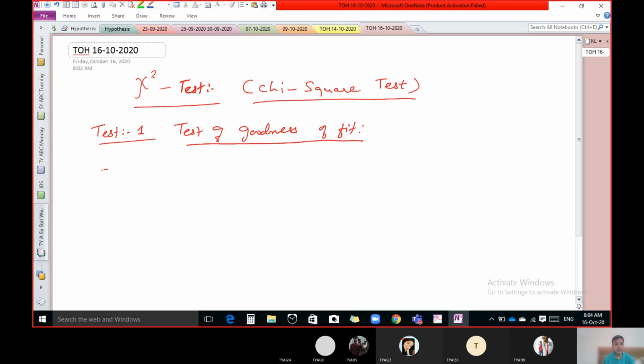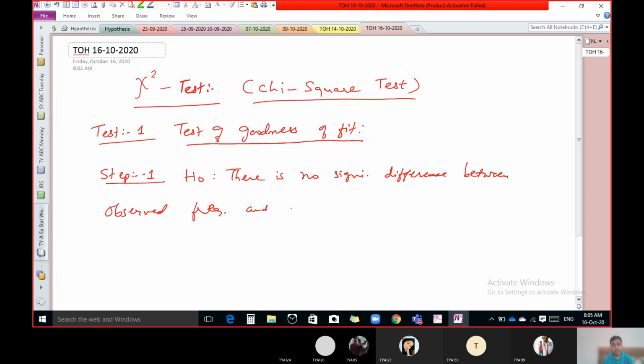Once again, our null hypothesis here is that there is no significant difference between observed frequencies and expected frequencies.